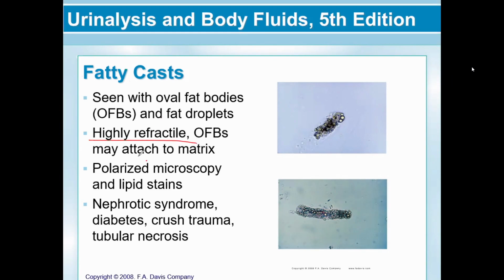And if we view them under your polarized microscope, you can clearly see the polarization, especially if that's your cholesterol components, okay? So where do we see them? Just like our oval fat bodies or our fat droplets, we can see them in nephrotic syndrome, in diabetes, in crush trauma, or tubular necrosis.